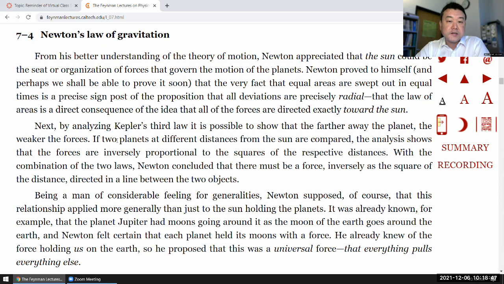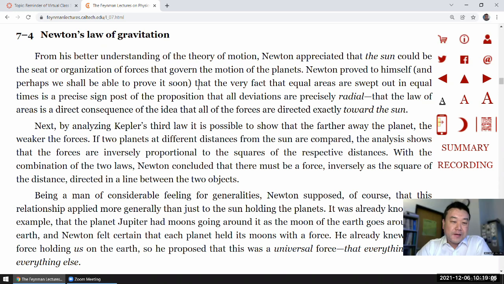So, section 7.4. From his better understanding of the theory of motion, Newton appreciated that the sun could be the seat of organizational forces that govern the motion of the planets. Newton proved himself, and perhaps we shall be able to prove it soon. And by the way, you have to be really good at calculus to be able to prove this.